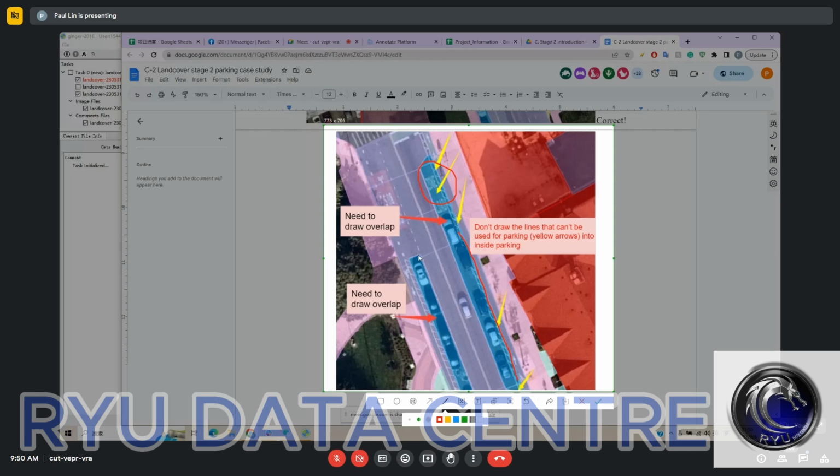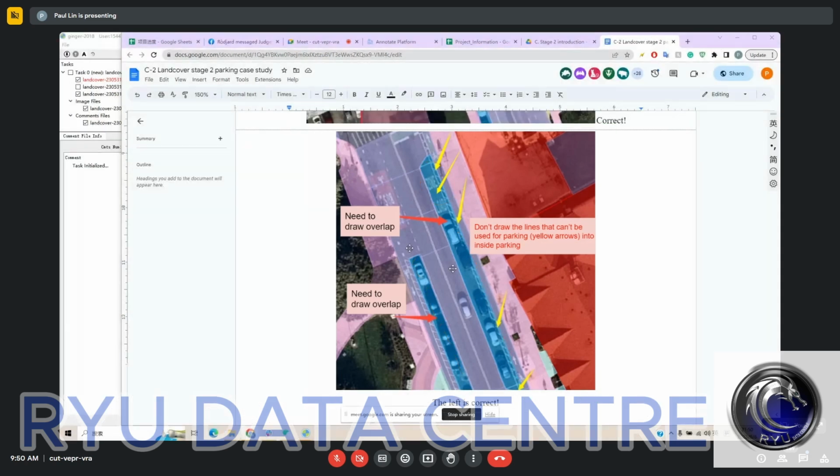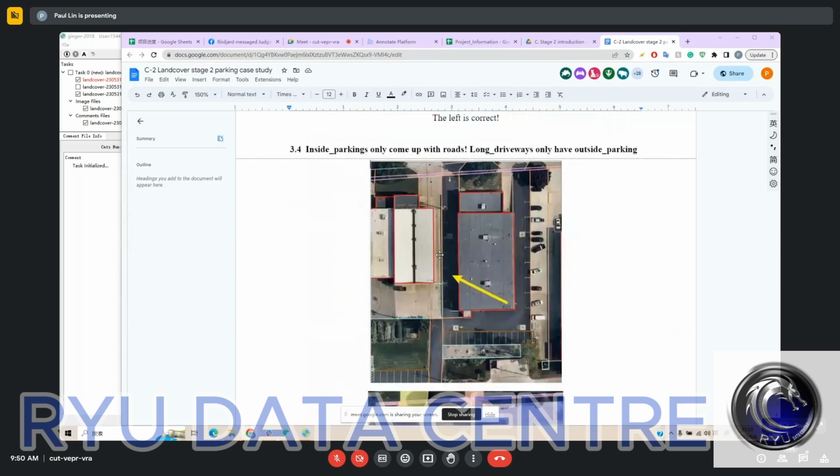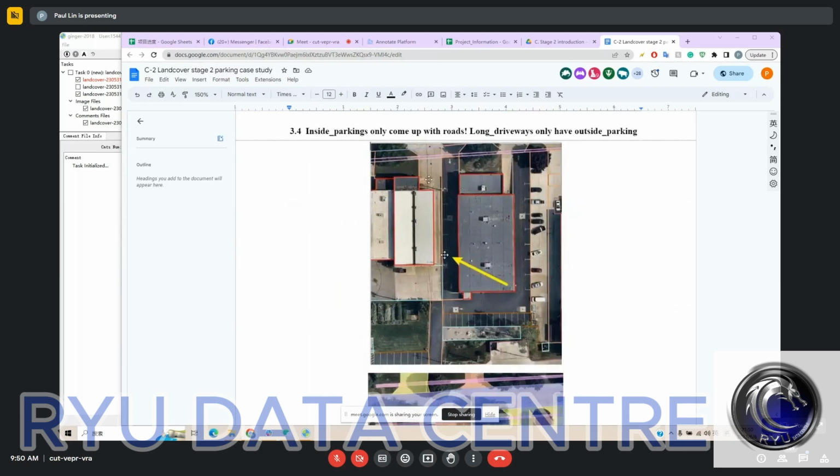We only capture the part that's used for vehicles to park, like the left one. So the left one is the correct example, and the right one is the wrong example that has many unnecessary parts captured. So make sure when you capture the inside parking, you follow the parking lines that are only used for vehicles to park.